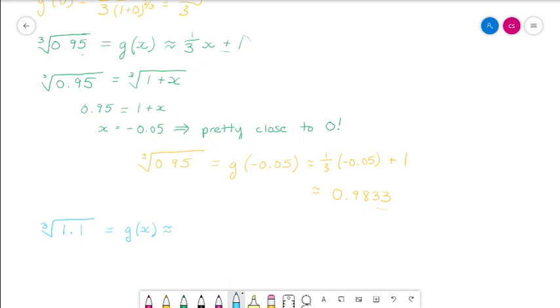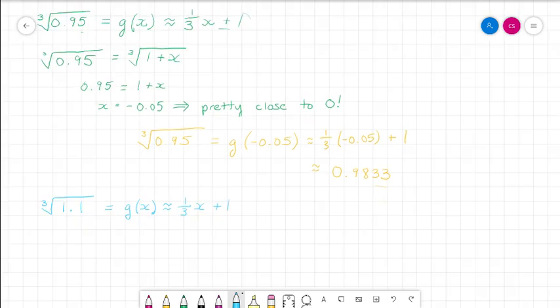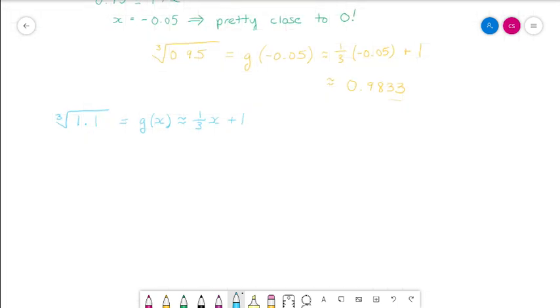And then once we determine the x, we can use our linear approximation to finish out the problem. Okay, so if we're looking at the cubed root of 1.1, and we know that g of x is the cubed root of 1 plus x, that means that x has to be 0.1.